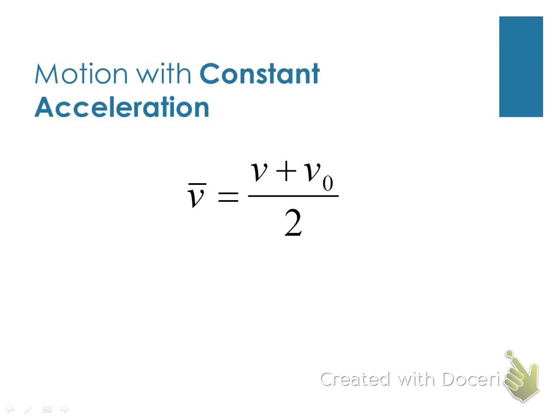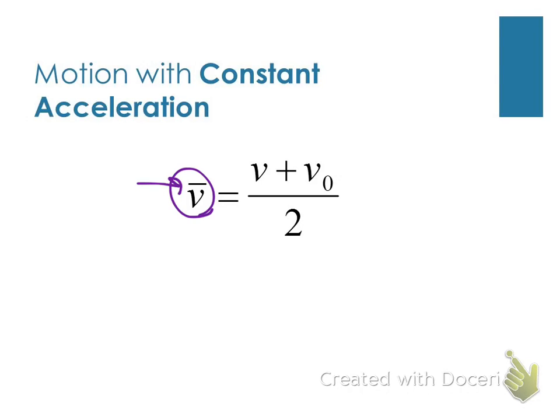And here's our last and least used equation. Okay, those first three that we gave you, you will use all the time. And it would be very good for you to start memorizing those, or committing those to memory, just for convenience's sake. But this is our last equation, and all this means is average velocity. If we were looking at two different things, we wanted to find our average velocity.